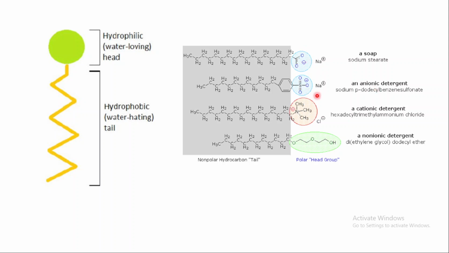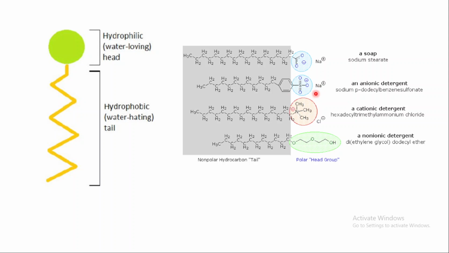Similarly, sodium stearate is an example of an anionic detergent, because upon dissociation the remnant molecule is negatively charged. Understood?